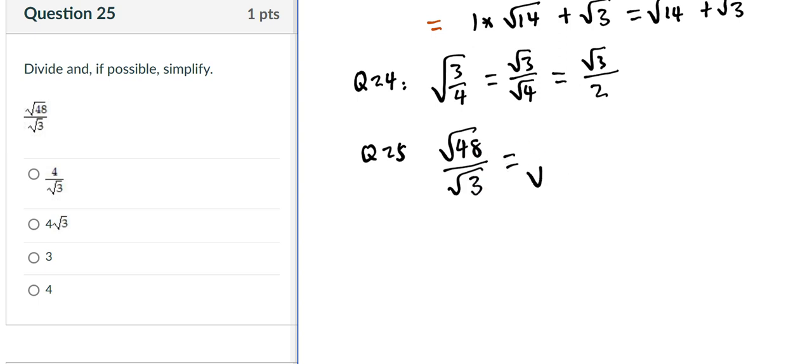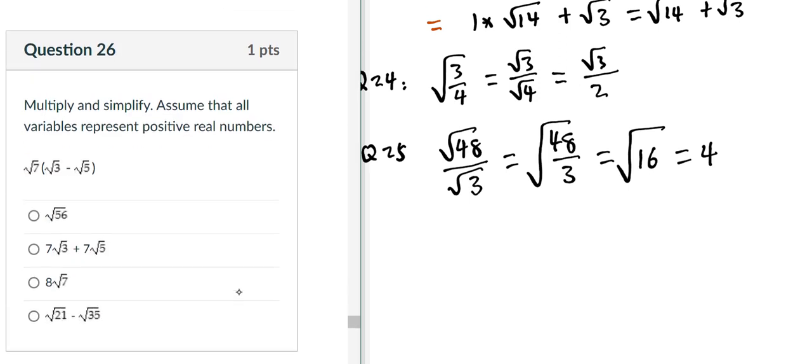You know that's radical 48 divided by 3. And then inside, 48 divided by 3, you know that's 16. The square root of 16, you know that's 4. So the answer is the last one. The whole expression is just 4.